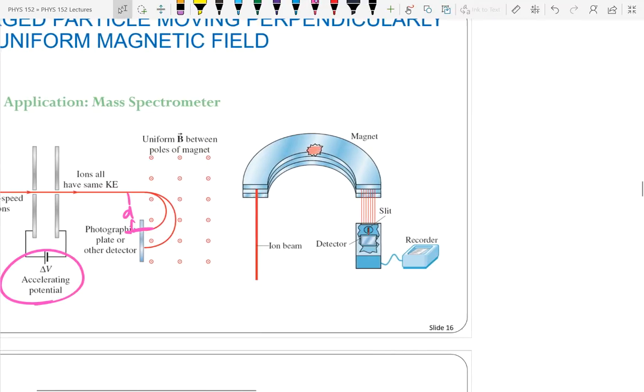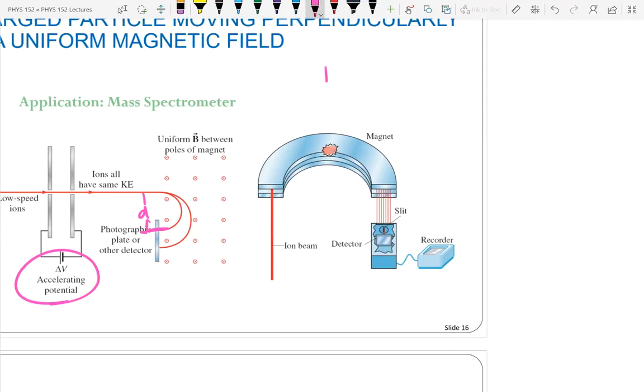So going through the math, we have radius is equal to mv over qB. Therefore, the mass is equal to rqB over v. Now, we need to find the v.